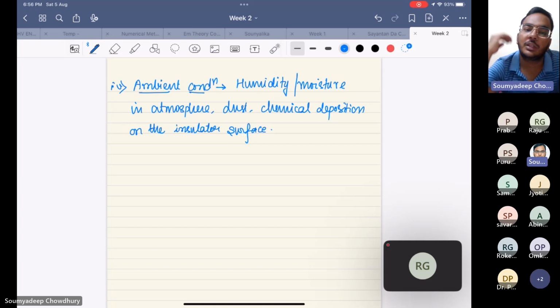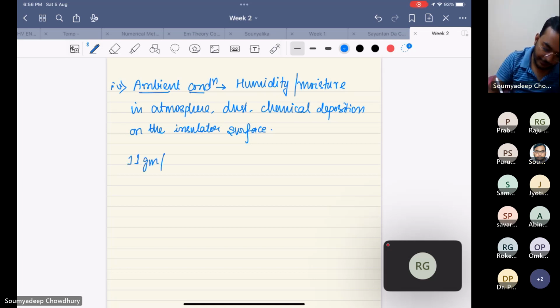And regarding humidity, it is 11 grams per cc. That is taken as standard humidity of atmosphere. Anything above or below it, we have to apply the correction factor.